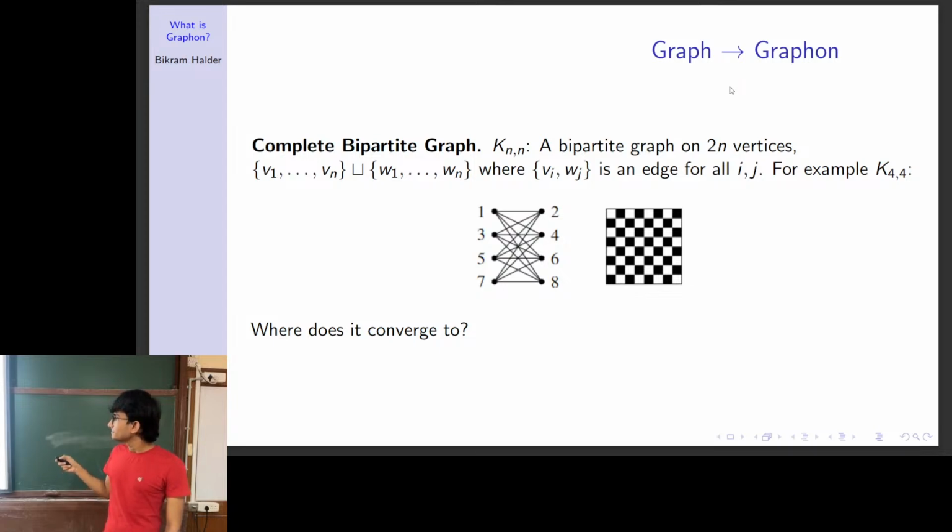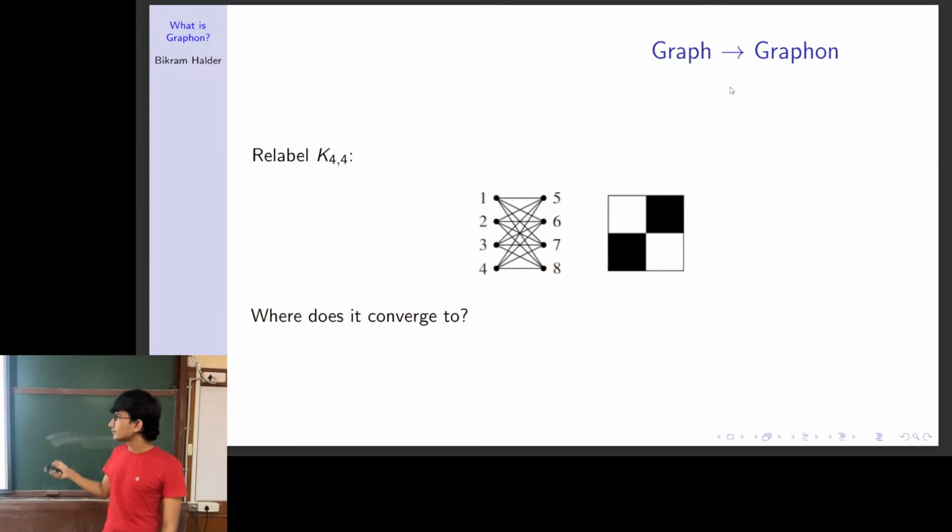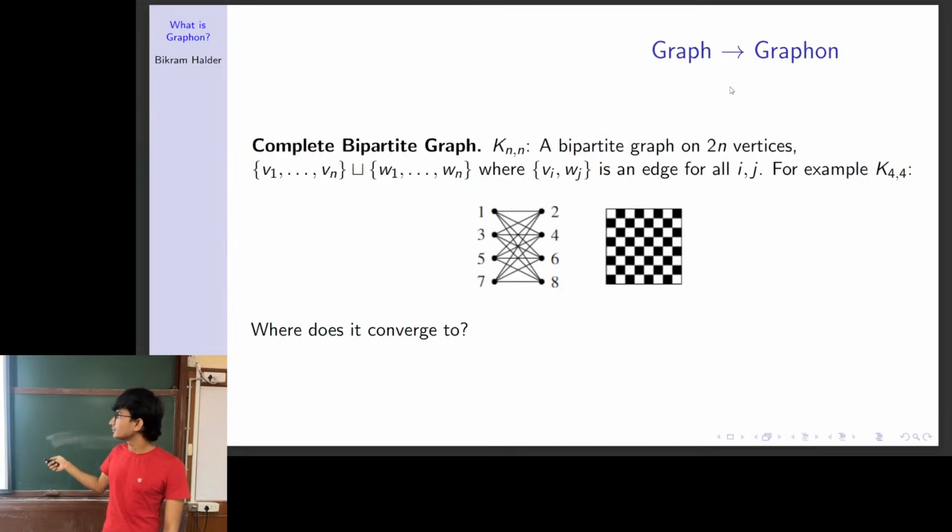Let's look at some other example. A checkerboard. This is basically a complete bipartite graph, and you label the vertices accordingly and get this graphon. But where does it converge to? If we relabel the vertices, the graphon becomes this.